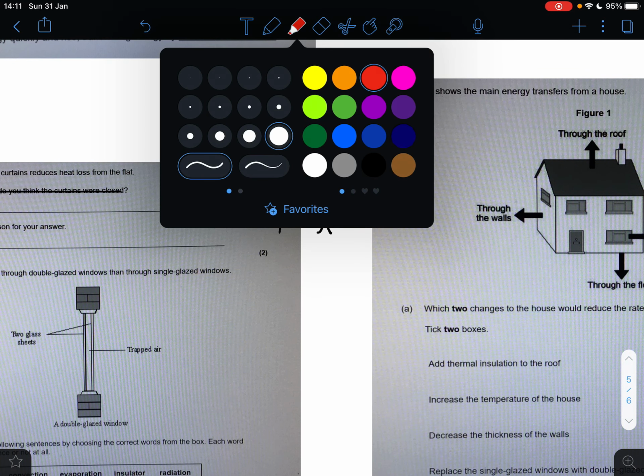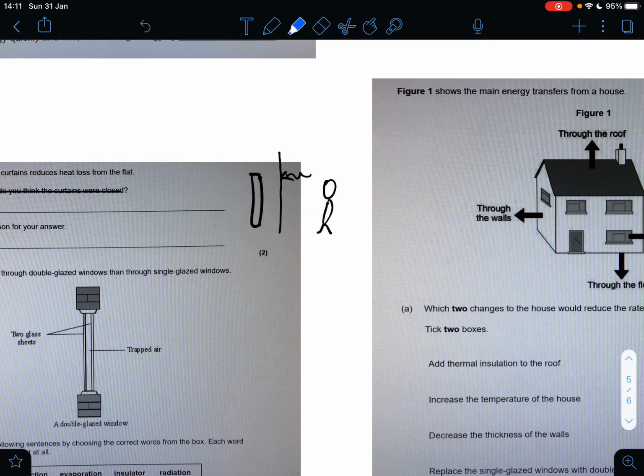If I go to a blue, choose a small pen, I'm going to put blue here. You remember I said most non-metals don't conduct. Most metals do. And I said, but not all of them. It turns out that air does not conduct. So that means you've got an insulator.